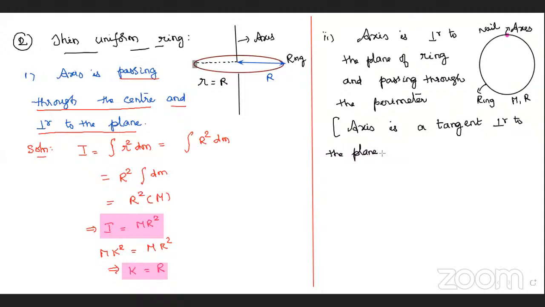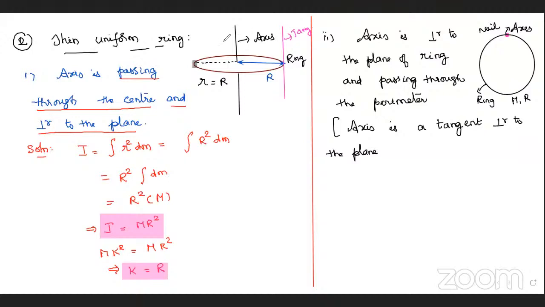The axis is a tangent perpendicular to the plane. That axis I can show clearly in this diagram like this. Compared to the second diagram, you can understand from the first diagram very easily. This tangent is parallel to the first axis.